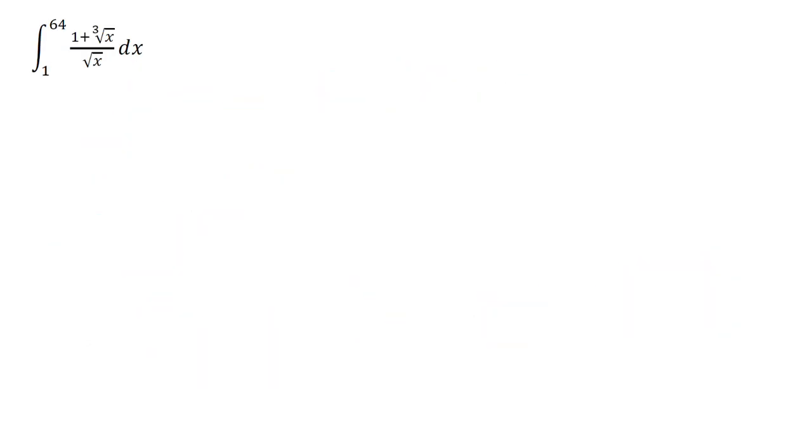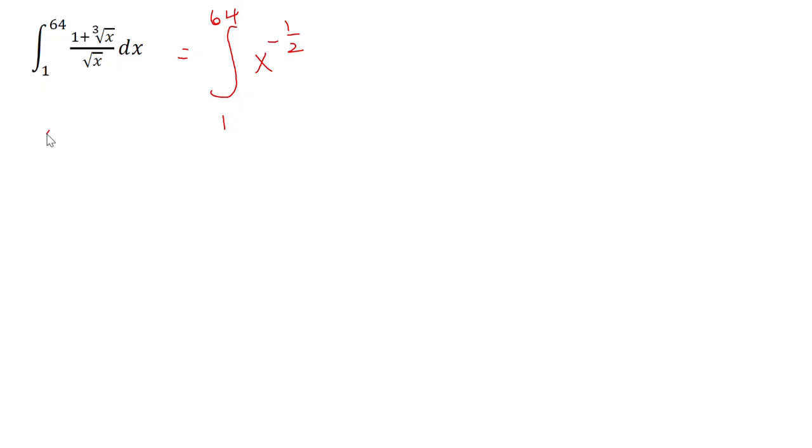All right, our next one here, we have 1 plus the cube root of x over the square root of x from 1 to 64. Well, this looks like one of those ones where it's best to simplify by dividing first. So let's just rewrite this as an integral from 1 to 64 of 1 over root x, which is x to the negative 1/2, and then the cube root of x over the square root of x.